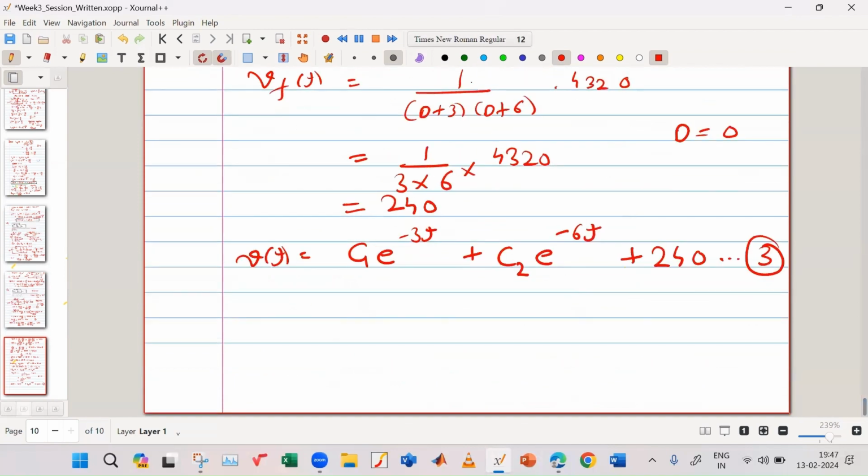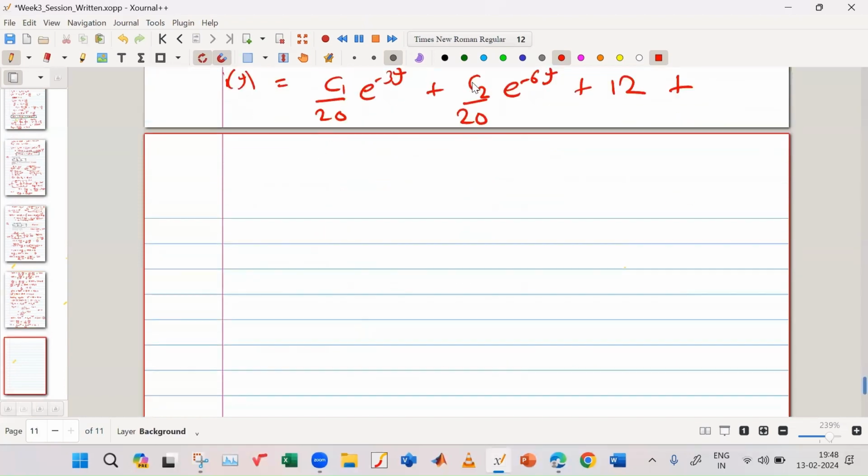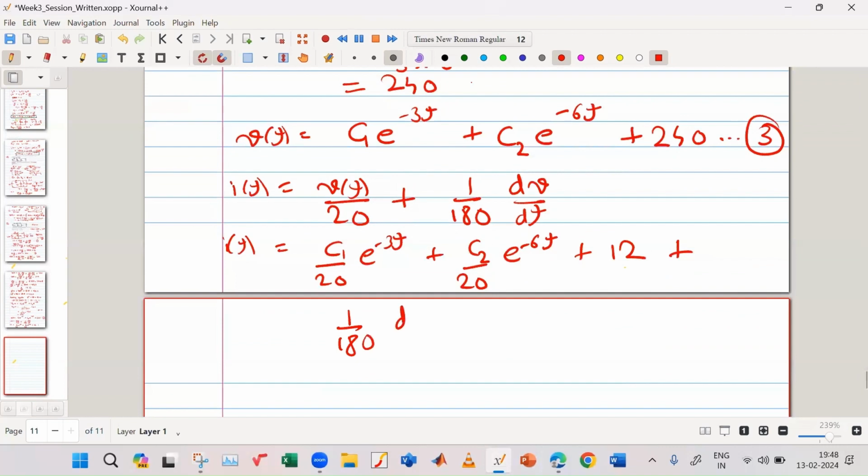So my I of t will be C1 upon 20 e raised to minus 3t plus C2 upon 20 e raised to minus 6t plus 240 upon 20, which will be 12, plus 1 by 180 d by dt of C1 e raised to minus 3t plus C2 e raised to minus 6t plus 240. So what does that become?